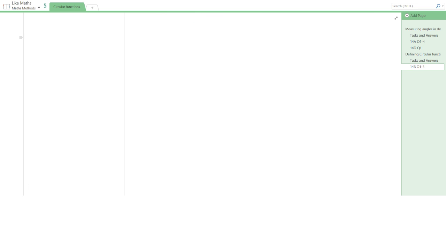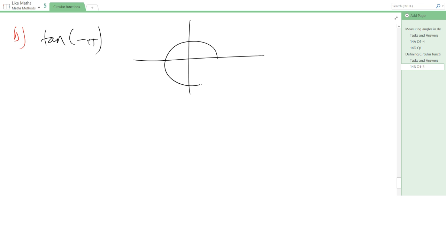Alright, next one is B. We want to find tan of minus pi radians. So on the unit circle, y and x, it's saying we've gone around from this point, now it's negative pi, which means we're actually going to go around clockwise, and a rotation of pi is halfway around, so it'll sweep out to here.